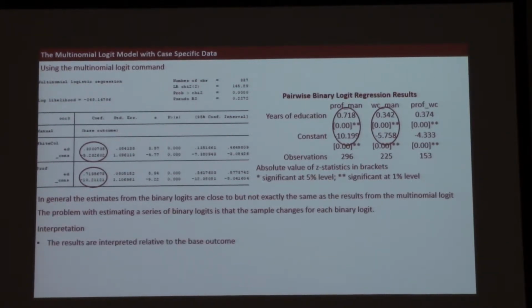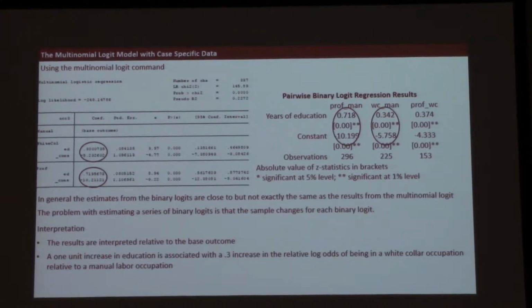All right, what do the results mean? Everything's relative to the base outcome. So in this case, the 0.3 under white collar, so we have white collar, we have professional, and then we've got our coefficient on education.